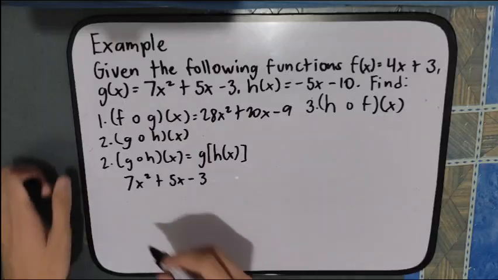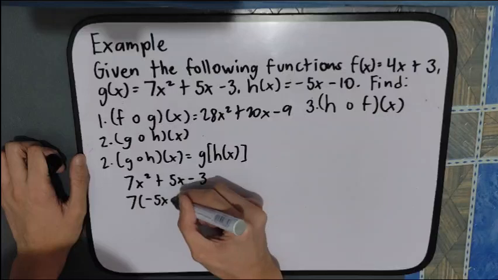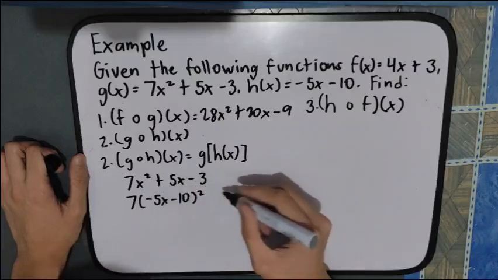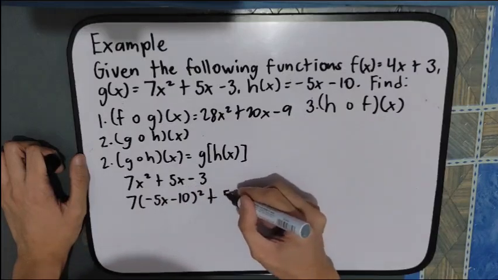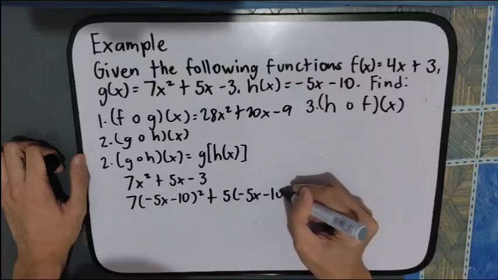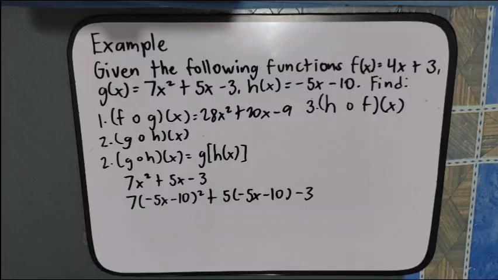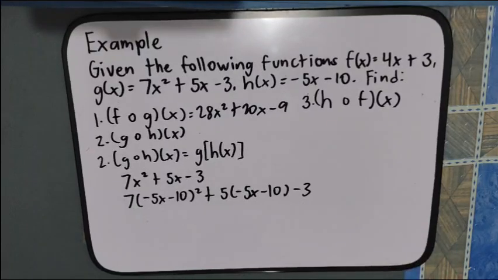So 7 times negative 5x minus 10 squared plus 5, copy negative 5x minus 10, and then copy the negative 3. Then we're going to expand negative 5x minus 10 squared and solve it using the FOIL method.